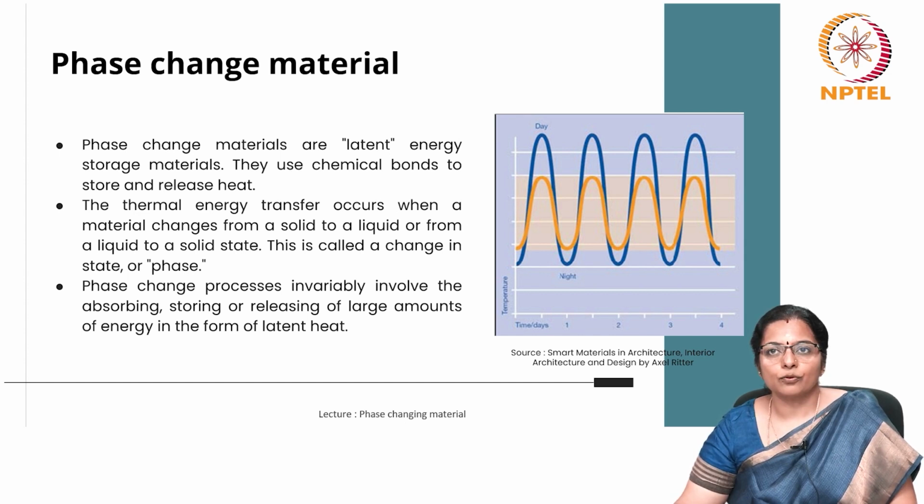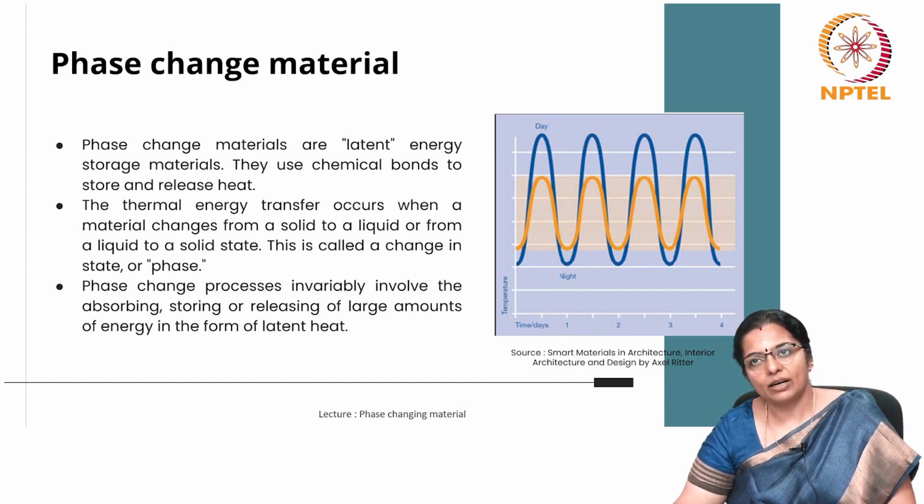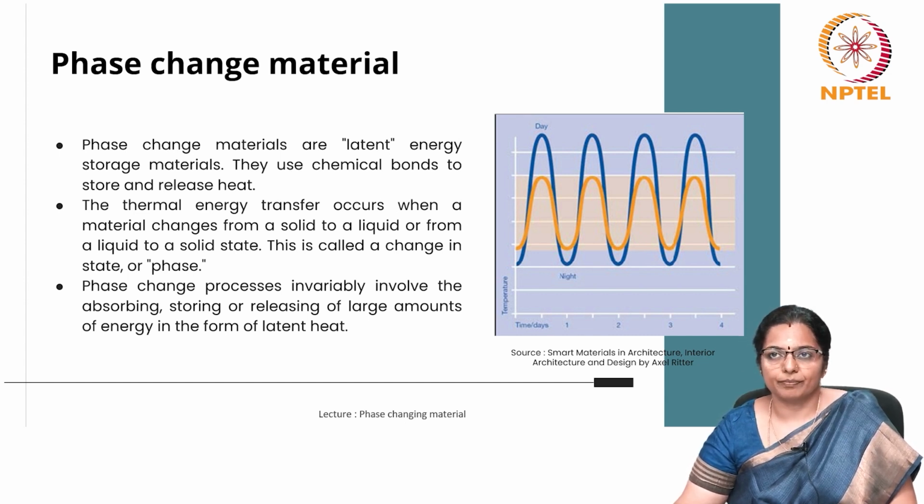The phase change from a solid to a liquid or liquid to a gas and vice versa occurs at a precise temperature. Thus, when energy is absorbed or released, it can be predicted based on the composition of the material. So, these phase change materials are latent energy storage materials. They use chemical bonds to store and release heat.